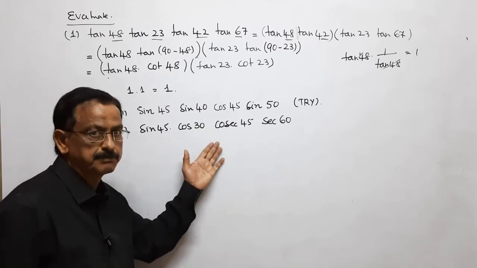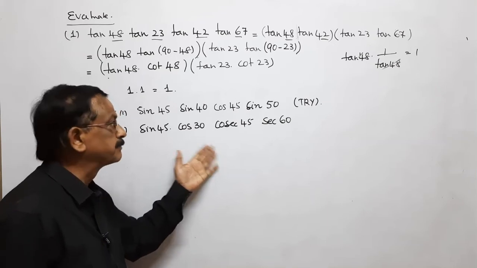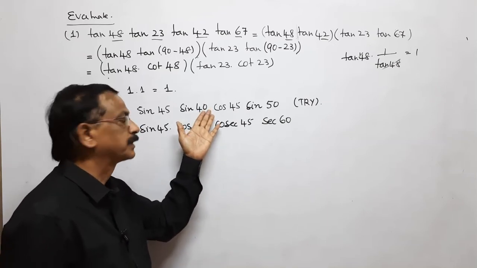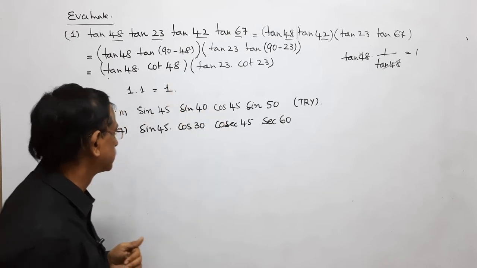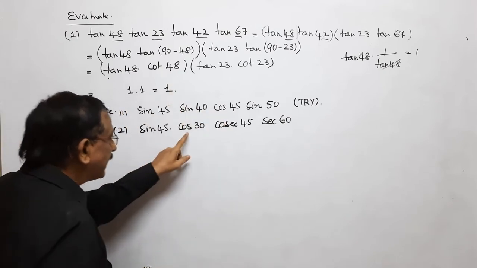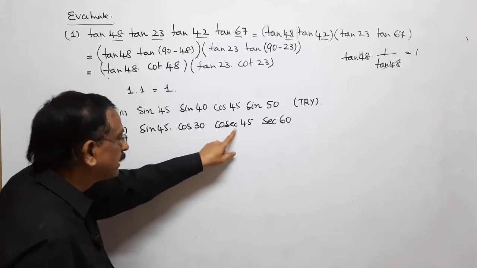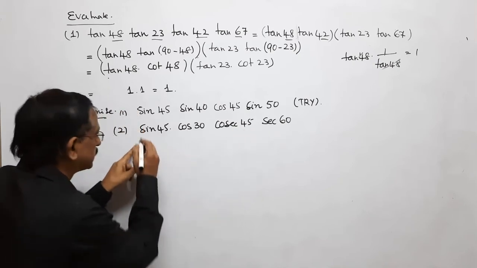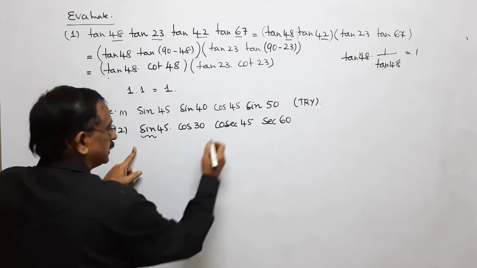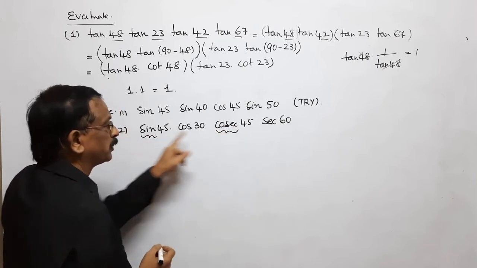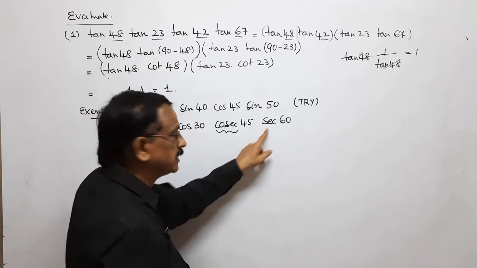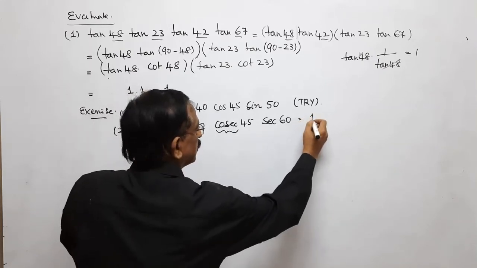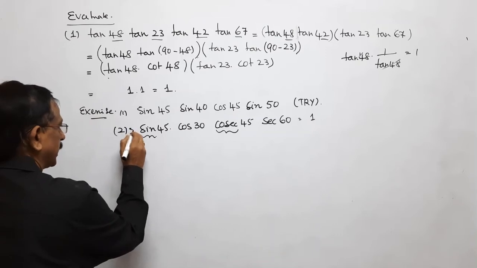Now this will be simple. Why cosecant and secant? Because the reciprocal of sine is cosecant, so they go out. Similarly, the reciprocal of cos is secant, so they go out, so you get 1. So show that.